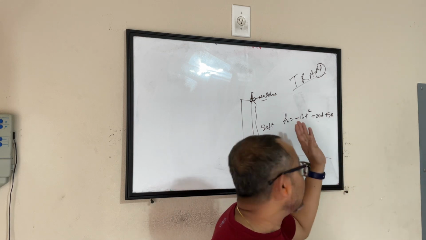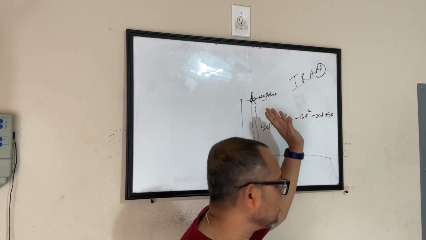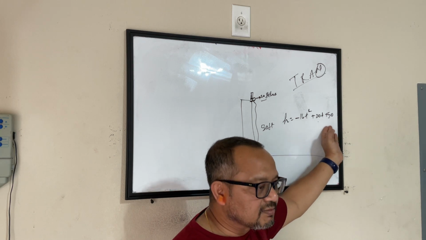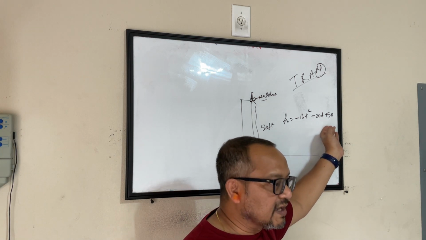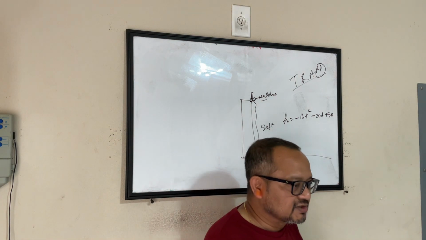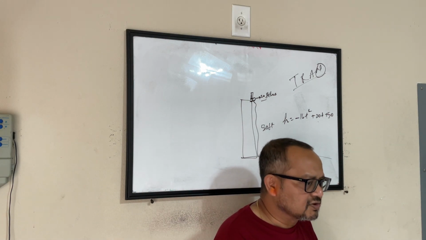Maybe that's the reason they gave this information. But it has no role to play in determining the height of the ball or the time it will take to hit the ground. That's just back-end information. Is that making sense so far?